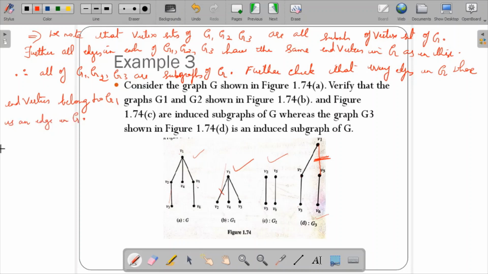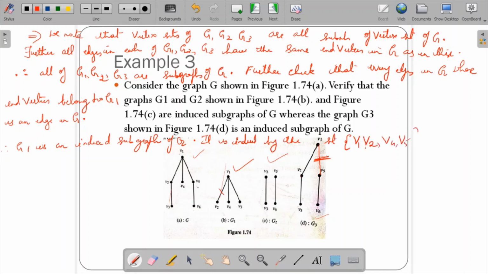Therefore G1 is an induced subgraph of G. So it is induced by the set V1, V2, V4 and V5.